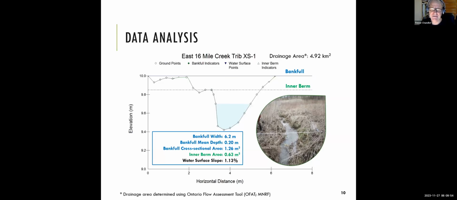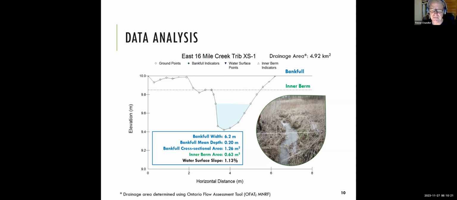So here's an example of one measurement at one creek site. We measured the bankfull dimensions here and plotted it up in Rivermorph, which is a software package that can be used to graphically take a look at the data once you get back and enter it. This gives an example of a cross section here. Bankfull is at the top edges there.